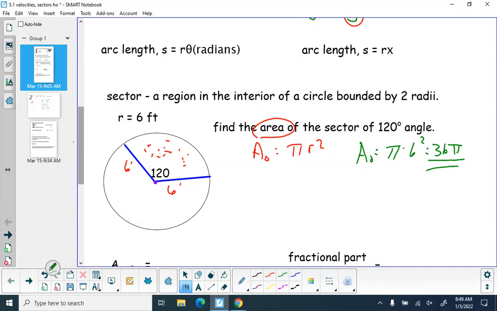What Grace said up here is 120 degrees is 1/3 of the entire circle. So what we're going to want to take is 1/3 of the entire area. So the area of the sector is 1/3 times 36 pi.